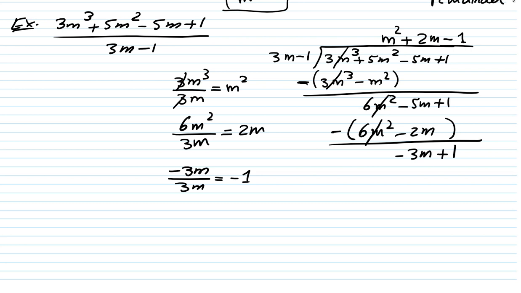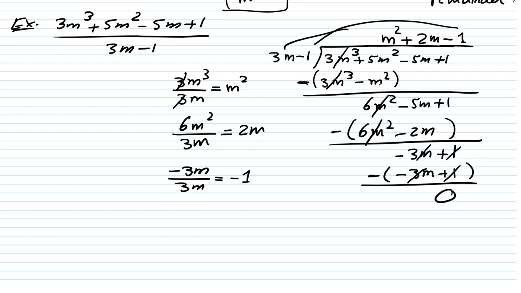Negative 1 times 3m is negative 3m, and see, I'm distributing again to the divisor. Negative 1 times 3m is negative 3m, negative 1 times negative 1 is positive 1. And subtract. These become opposite, and we have no remainder.